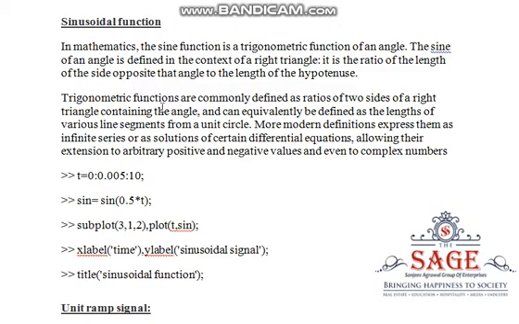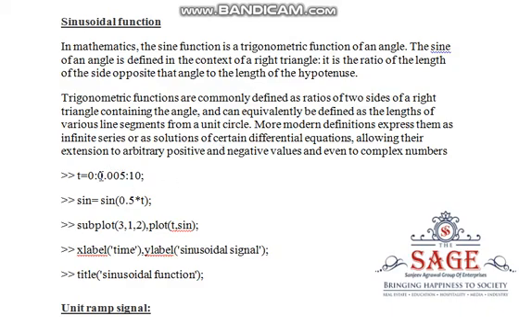Trigonometric functions are commonly defined as ratios of two sides of a right triangle containing the angle, and can equivalently be defined as the length of the various line segments from a unit circle. More modern definitions express them as infinite series or as solutions of certain differential equations, allowing their extension to arbitrary positive and negative values and even to complex numbers.